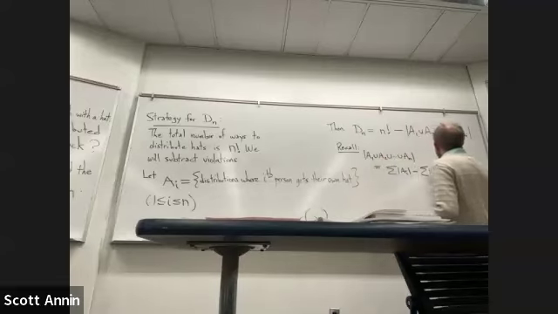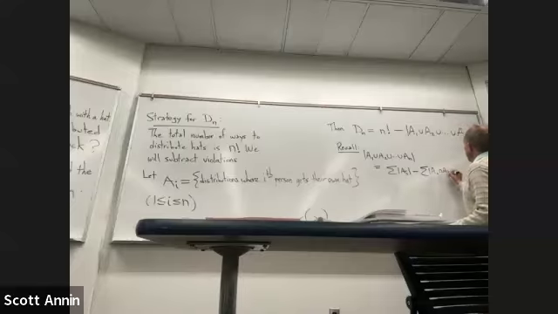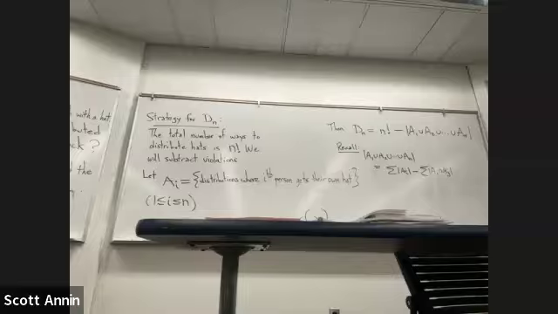The point is it's alternating sums of various intersections. The second set of terms would be the two-way intersections, and we subtract the summation of all those. Then we add the summations of all of the three-way intersections, Ai, Aj, and Ak.